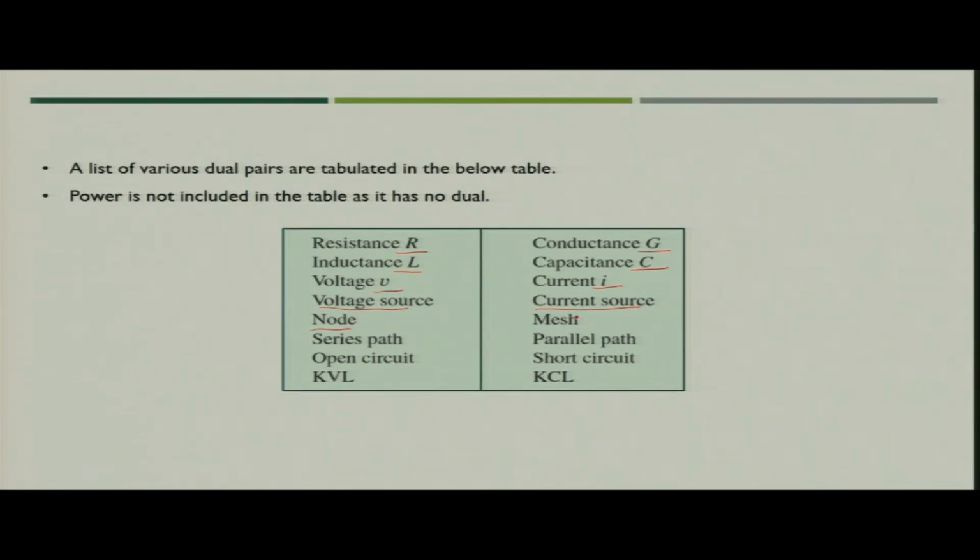This is what we started with initially: mesh equations, which are nothing but KVL, and then we created the dual with the help of KCL, that is the node equations, and accordingly we found the dual of the circuit.